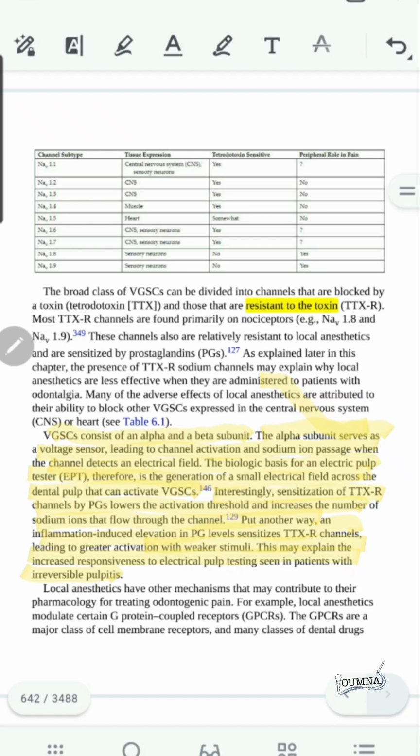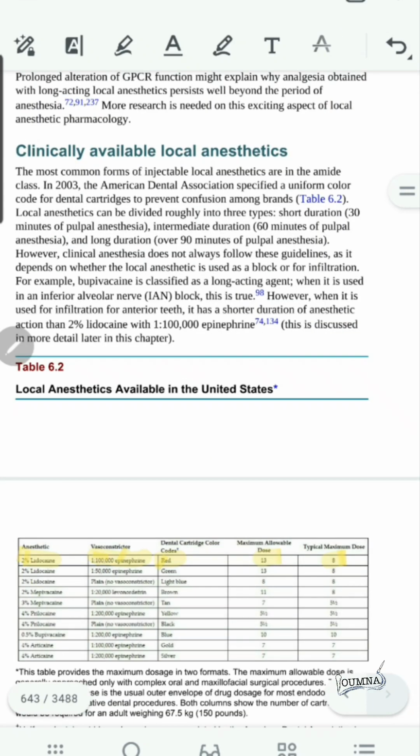This is the reason why, when we have irreversible pulpitis, the pulp becomes more sensitive to electric pulp testing.